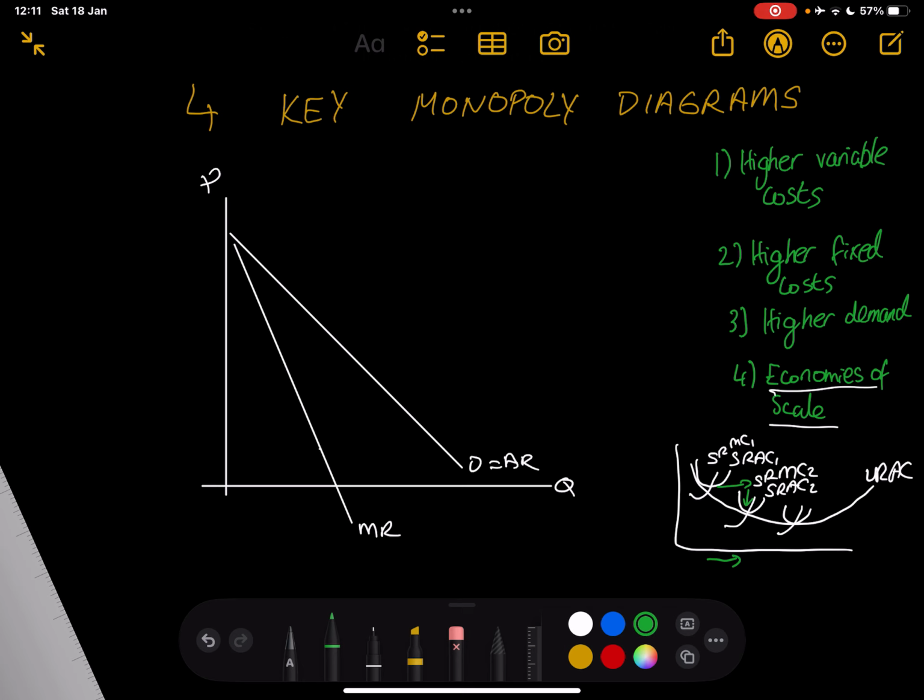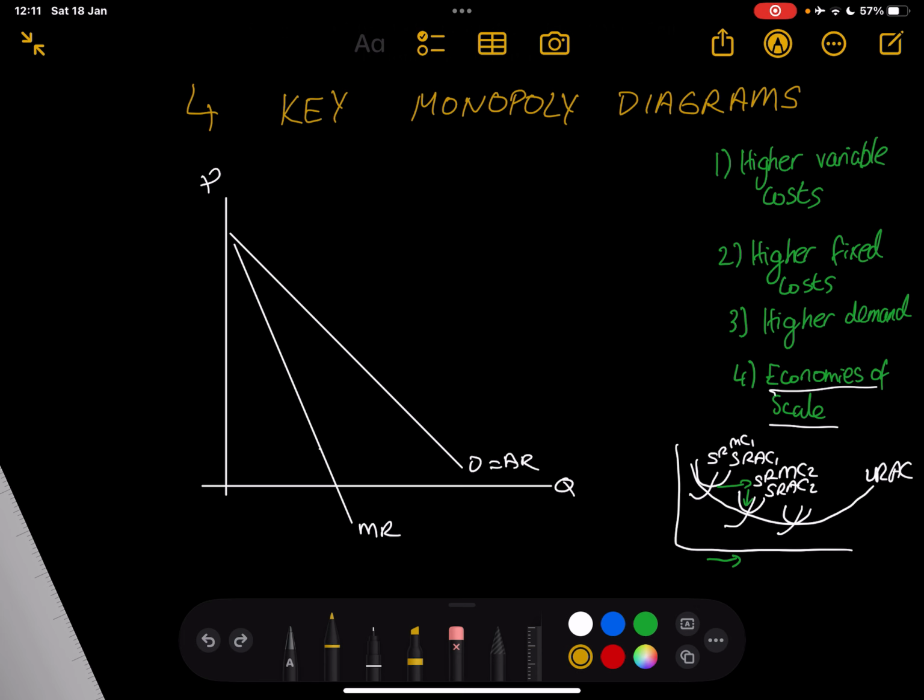So I can draw economies of scale by kind of drawing this. I like to draw the monopoly diagram with economies of scale like that, because you can talk about what happens to the change in price, the change in profit, in a lot more robust way than if you were just drawing a long run AC by itself. But it's not easy to do.